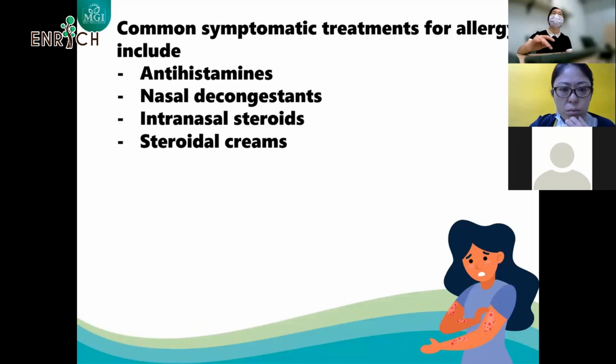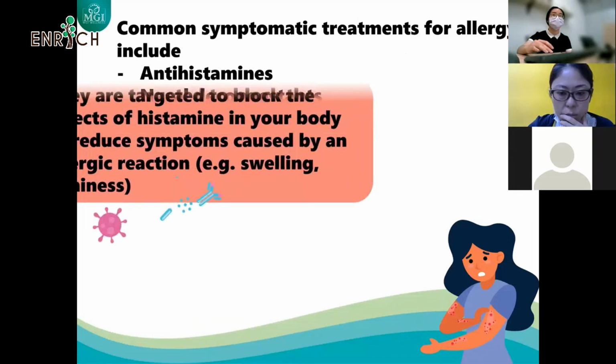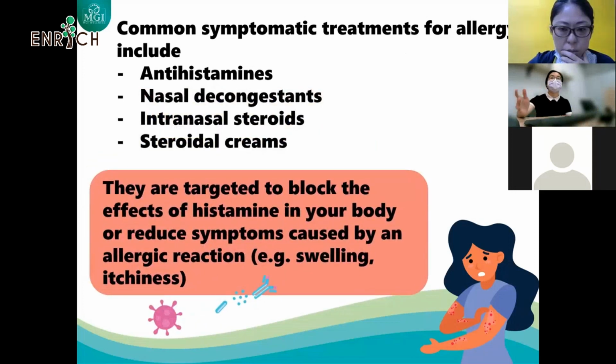So what are the common symptomatic treatments for allergy? It includes antihistamines, nasal decongestants, intranasal steroids, steroidal creams. They mainly target to block the effects of histamine in your body or reduce symptoms caused by an allergic reaction.